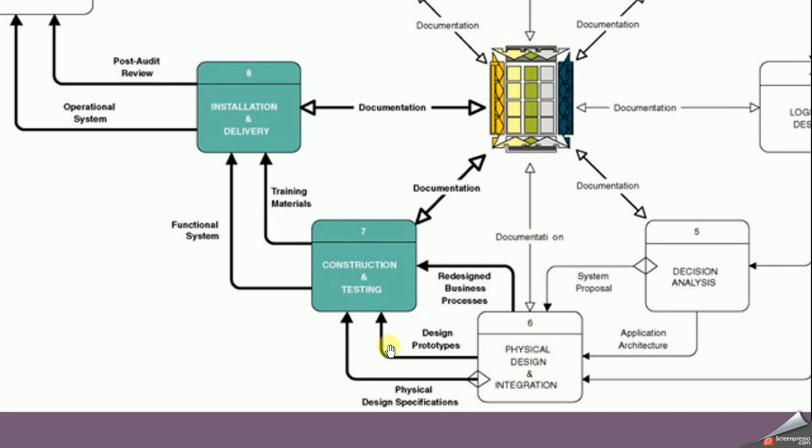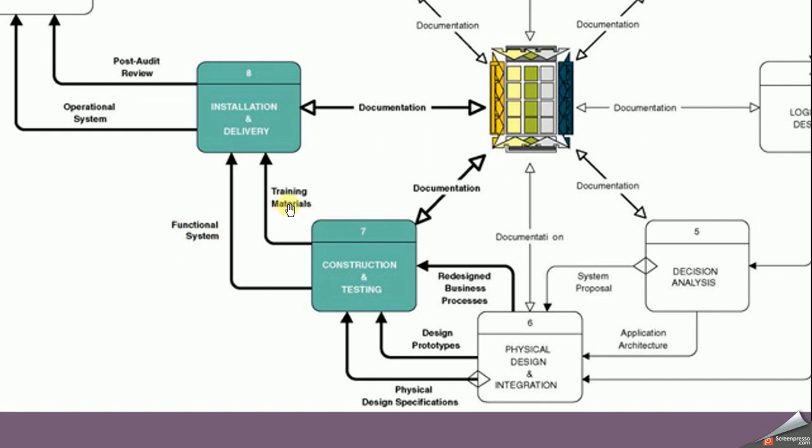So these are the inputs for construction and testing phase. In the construction and testing, we will construct and test all components of the system. The documentation will be stored in the central repository, and it should result in a functional system.